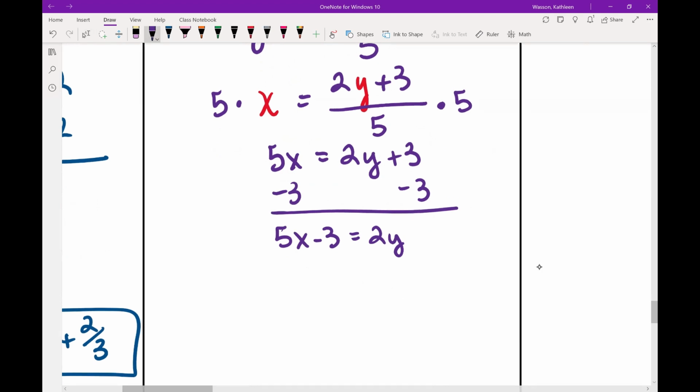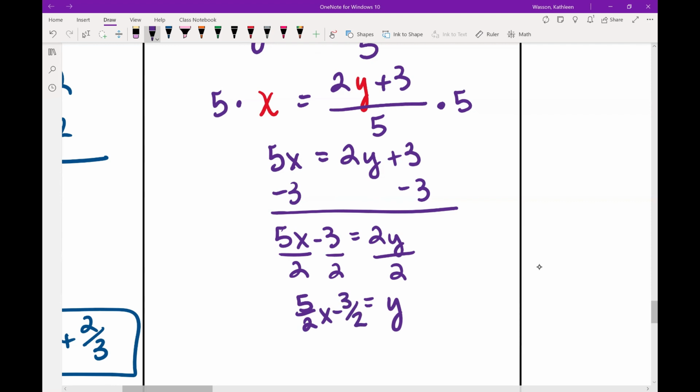And since I want to know what y equals, what 1y equals, I divide by 2. Make sure you divide each term. Now I have 2 over 2y, which is 1y. So I can write y equals 5 over 2x minus 3 over 2.